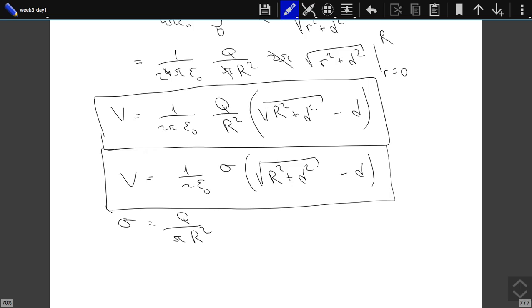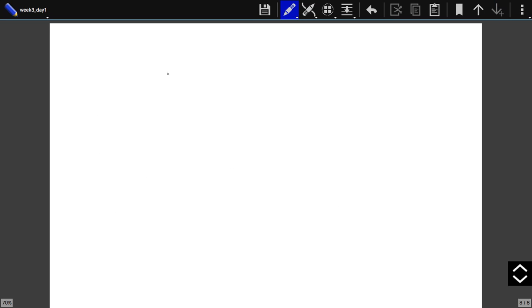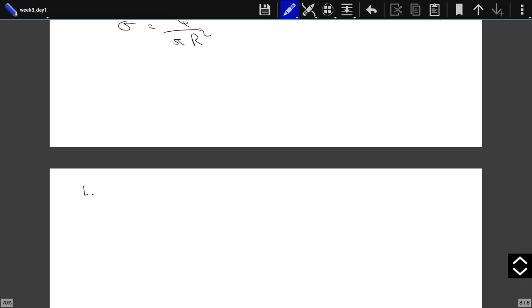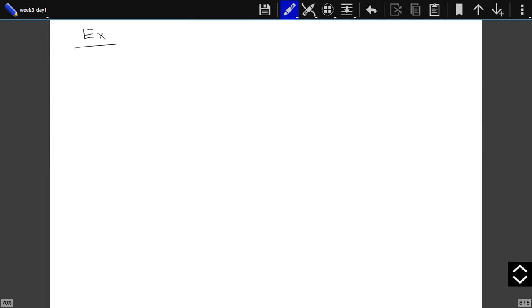This is the potential difference corresponding to those 2 points. But we cannot set the potential at infinity to 0 now. Rather than that, what we can do is find the potential of the infinite plane.